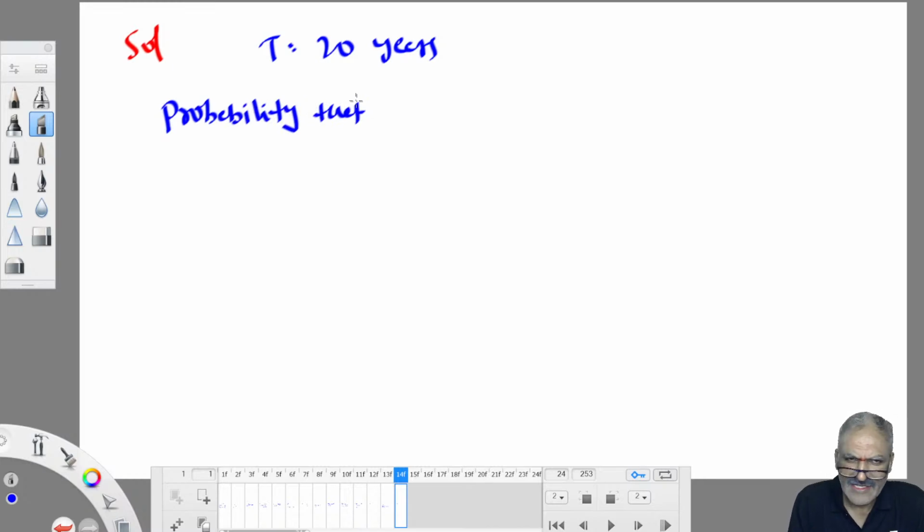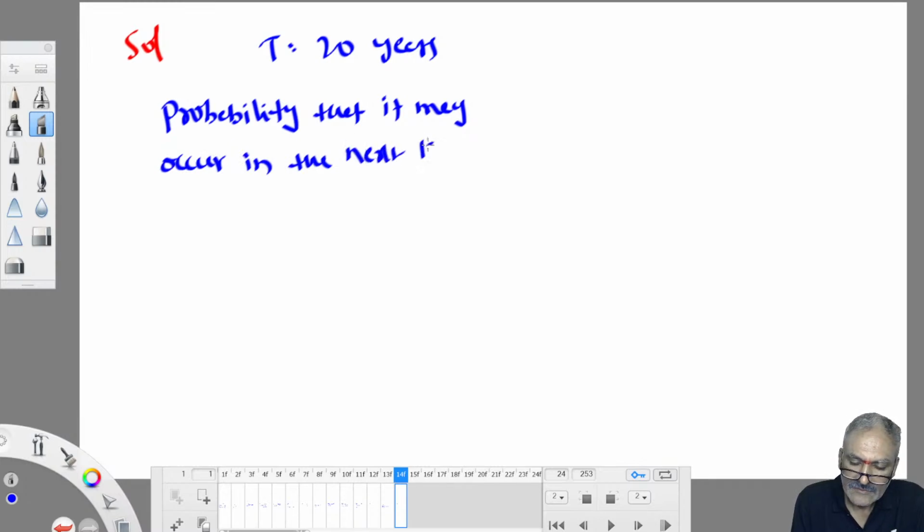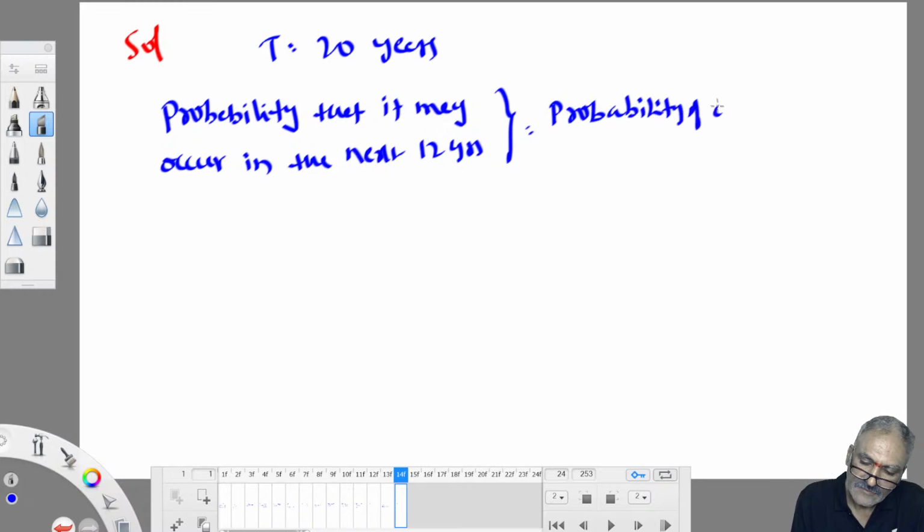Our interest is finding risk only, blindly. That it may occur in the next 12 years means the probability of occurring at least once in the next 12 years. So this terminology has to sink into your mind.